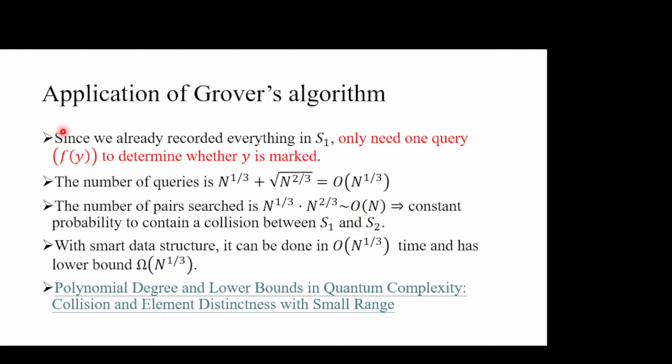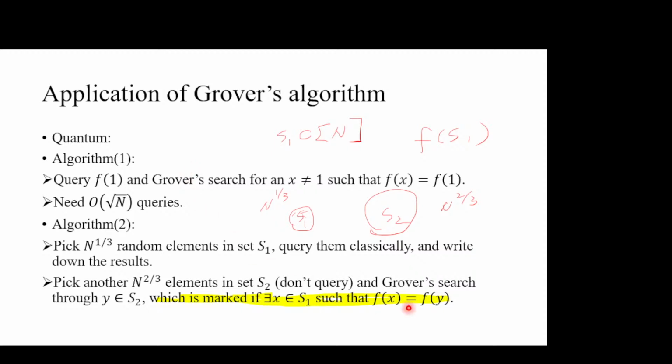So you only need one query to determine whether y is marked, because you already wrote down all f of x. Those were already queried and recorded classically, so they can be reused when you construct this oracle for your Grover search.